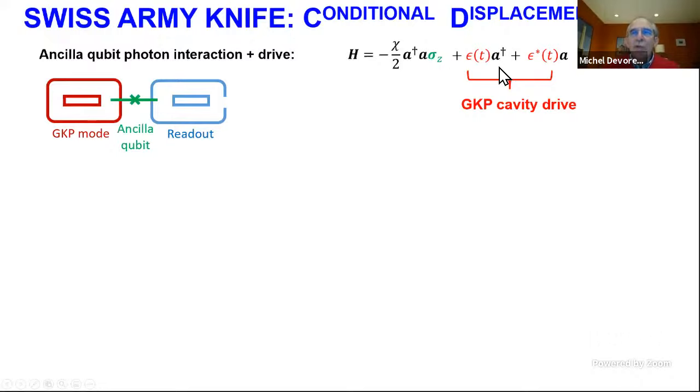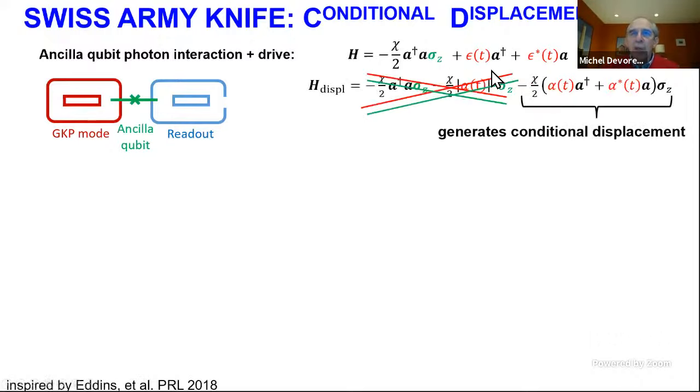This drive produces a lot of unwanted terms that we are going to eliminate by echo methods. But there's one surviving term which couples a and a dagger to the field that we create in the cavity with the drive, which is represented by this alpha term here, the coherent state amplitude that we create in the cavity with the drive.